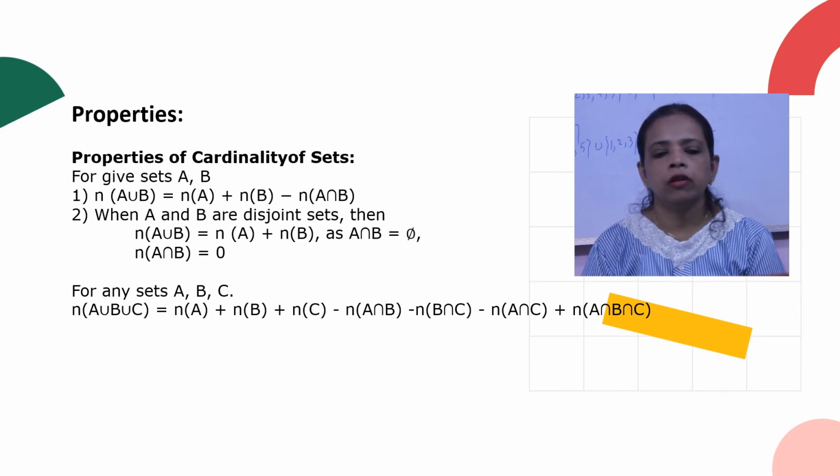So in equation 1, if this portion is 0, then n(A union B) equals n(A) plus n(B).